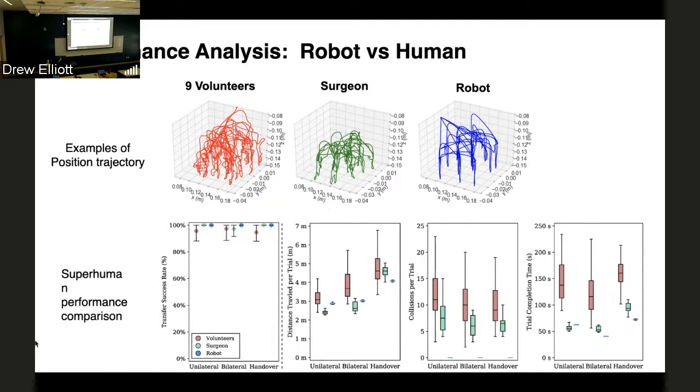The number of collisions is shown in the third plot, a whisker plot, and you can see it's very low for the robot. And the last one is really interesting, completion times. The robot is slightly better than the surgeon, and also has almost 0 variance. So it's very consistent. Every single transfer is very consistently performed.